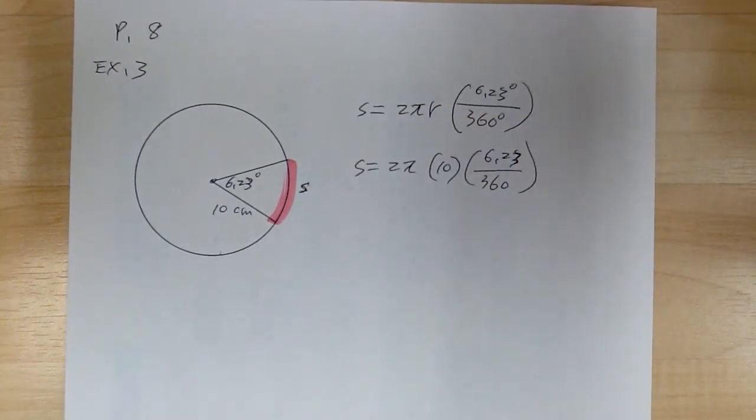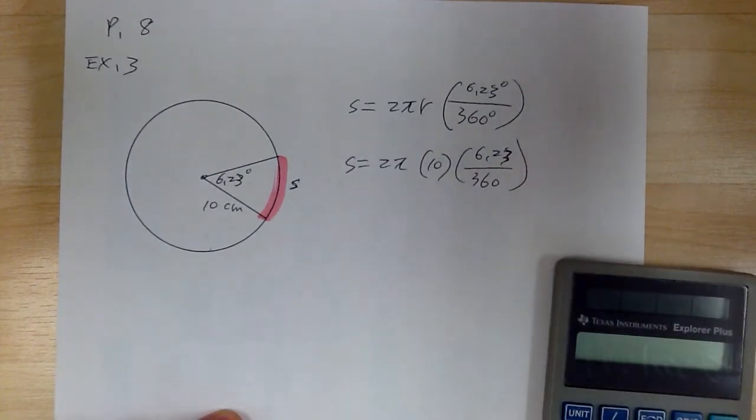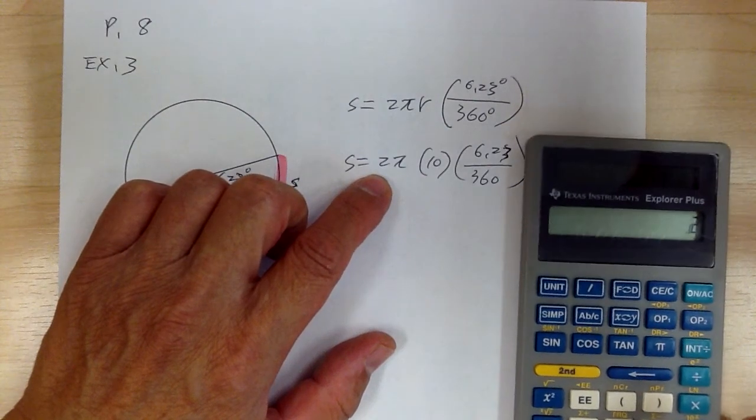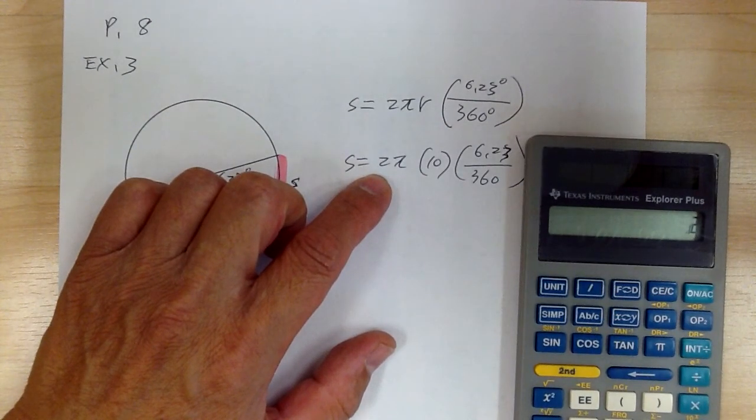Now you get your calculator and punch all the numbers in there. 2 times pi. If you don't have pi, just use 3.14.